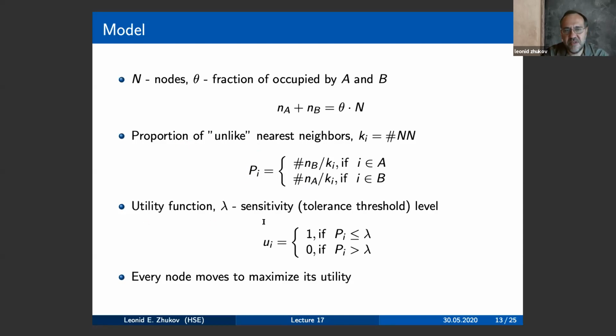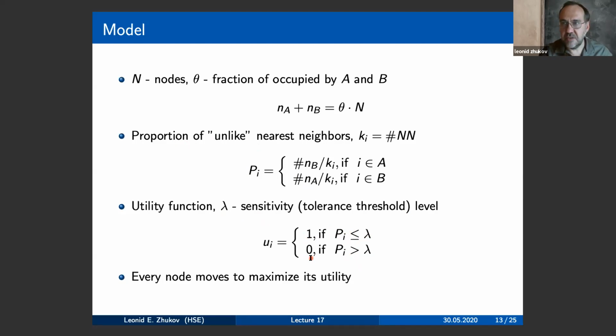And then there is this utility function. So within Schelling's model, this is the sensitivity, the tolerance threshold. If the proportion of your nearest neighbors that are unlike you is below the threshold, you're a satisfied agent, and the utility function is 1. If it is above the threshold, you're unsatisfied and utility is 0. But as I said, that was the original paper.